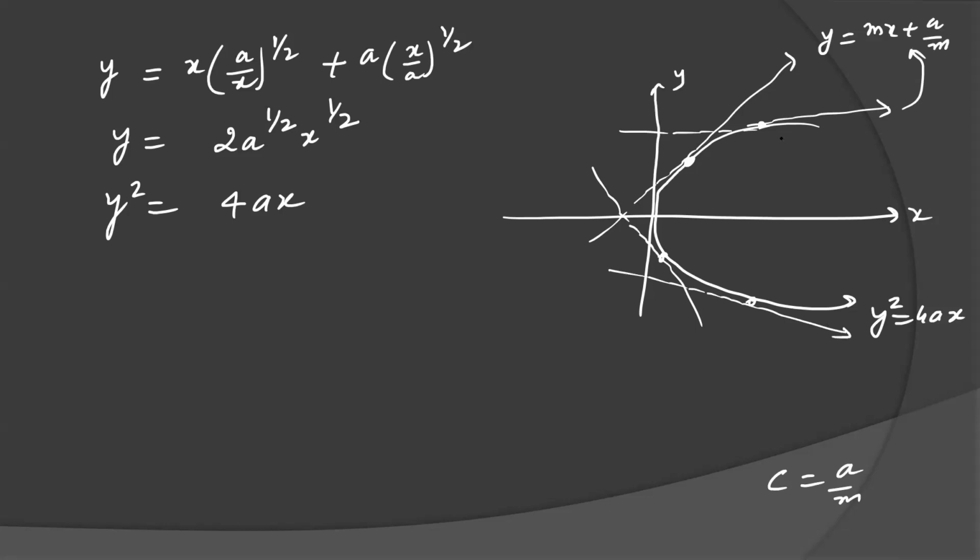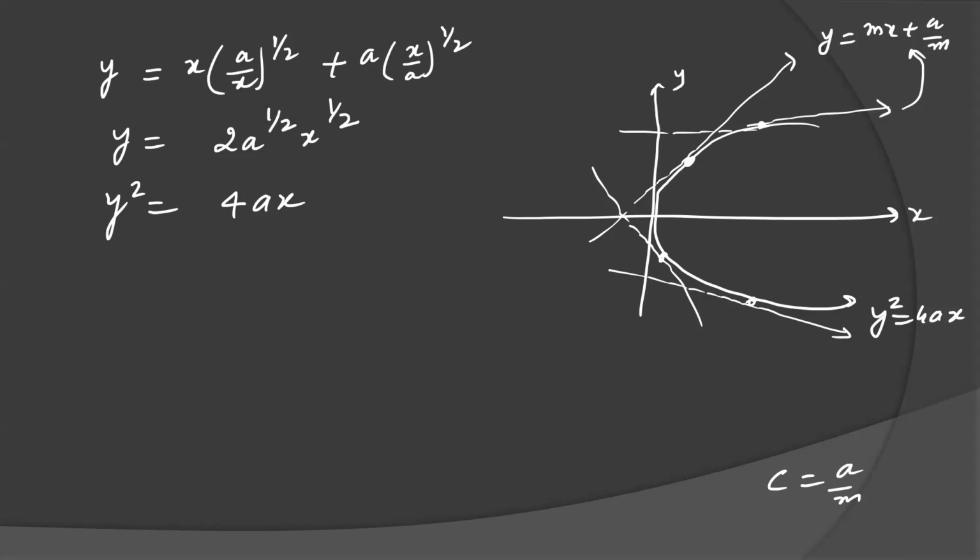So this is a family of straight lines. And if we see the family of these straight lines, this is nothing else, this is actually tangent of this parabola. If we draw the tangent at every point of the parabola, we will get the equation of parabola only, because at every point we are getting the tangent of the parabola.